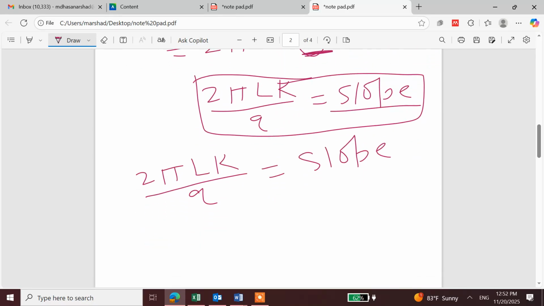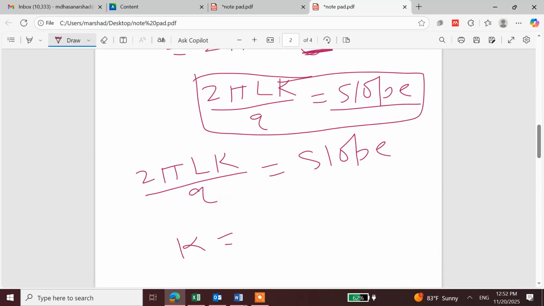We need k, so k will be Q times slope over 2 pi L, where L is the length, basically the thickness.